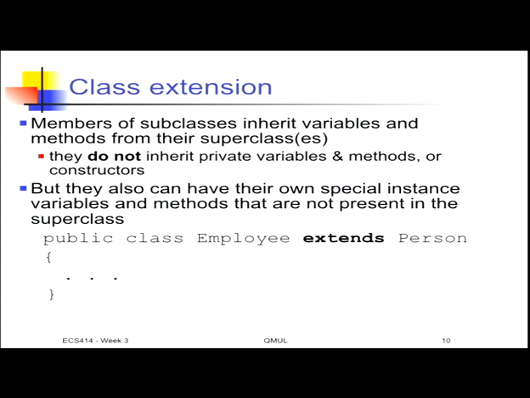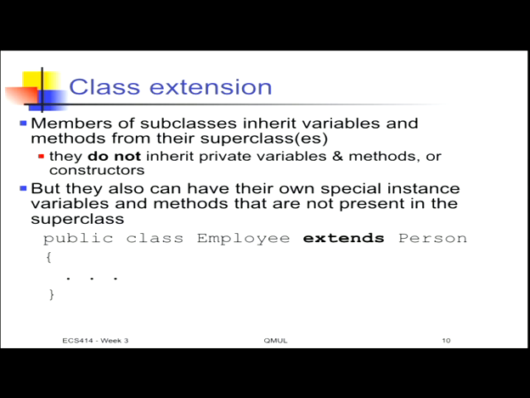Okay, so let's now see how this is implemented in Java. We have a keyword, extends, when we want to declare a subclass in relation to a superclass. One thing that we should point out is that what is inherited in the subclass is not everything, it is everything apart from whatever we declared as private.